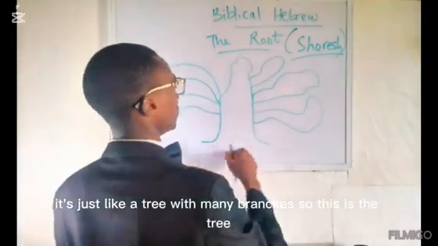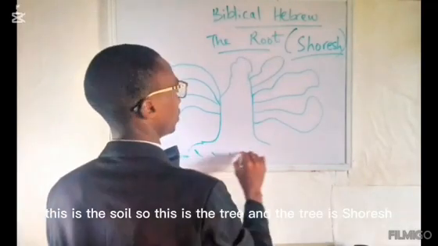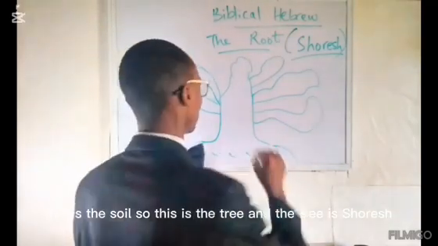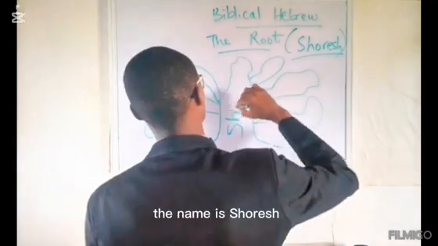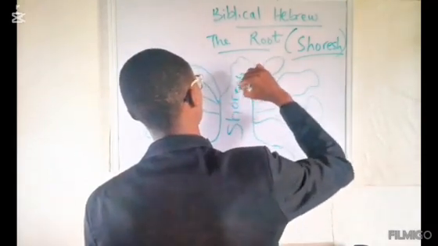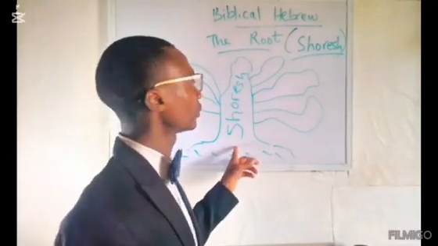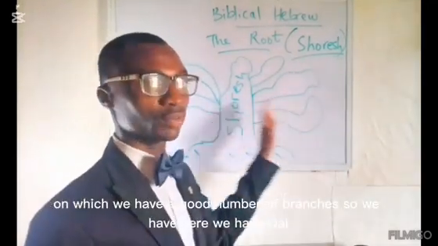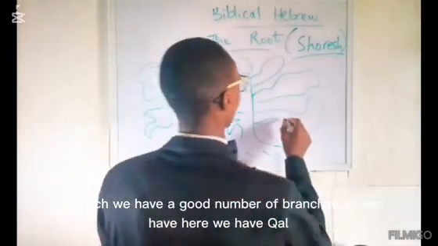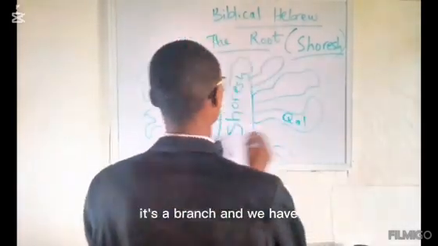So this is the tree, this is soil. So this is the tree, and the name is Shoresh. So that is the stem on which we have a good number of branches. So we have Ka, it's a branch.